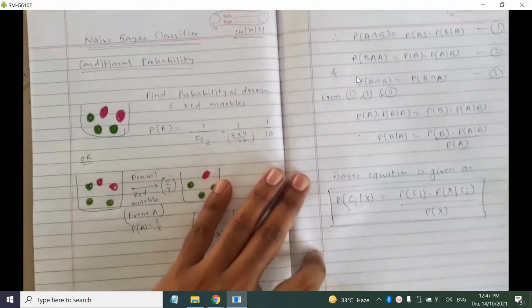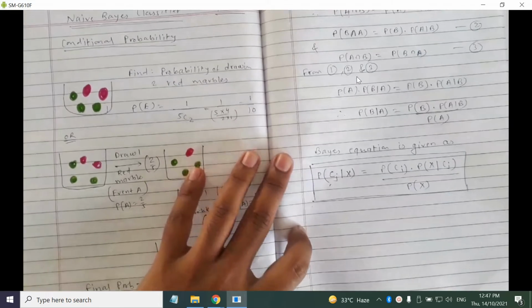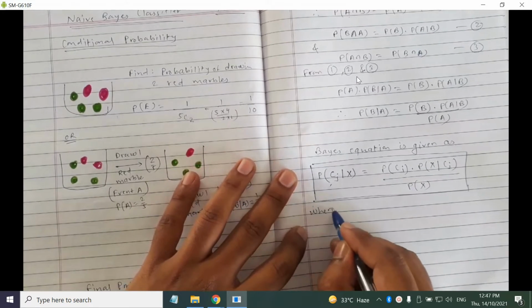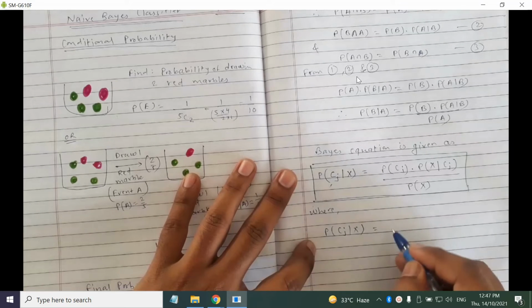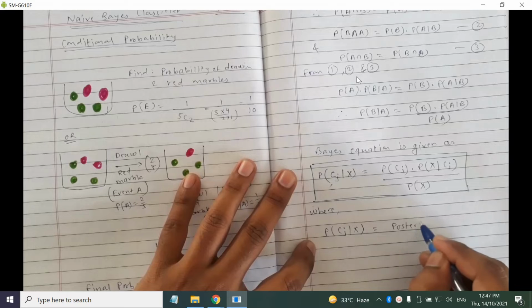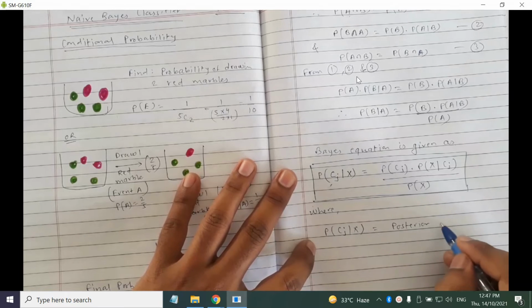Now here, probability of Cj given X is known as posterior probability.